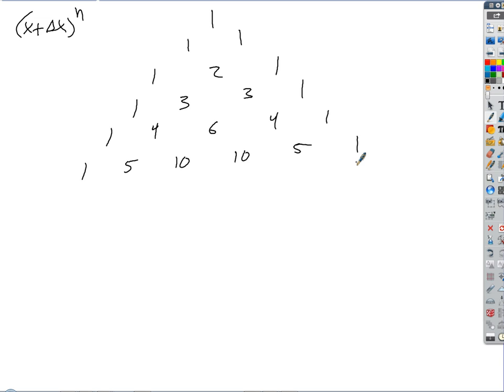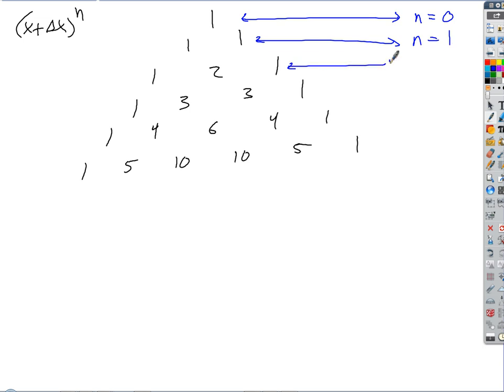Okay, so this is the row that corresponds to n equals 0, this is the row that corresponds to n equals 1, n equals 2, 3, 4, 5.